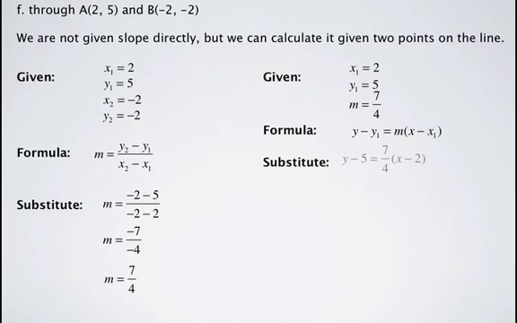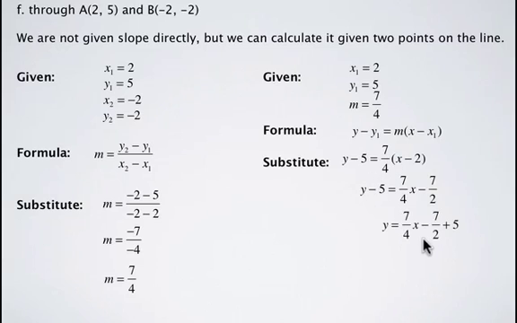And when we substitute into that, we get y minus 5 is equal to 7 over 4 times x minus 2. And when we expand using the distributive property, we get 7 over 4x, and 7 over 4 times -2 is equal to minus 7 over 2.